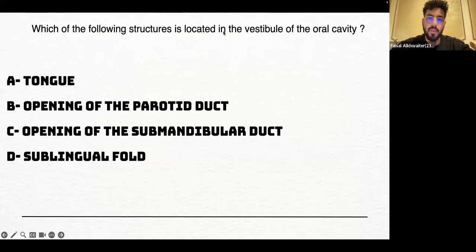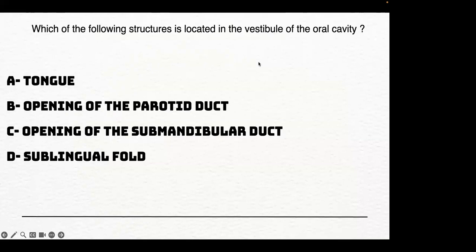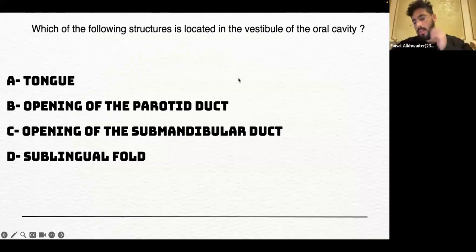Which of the following structures is located in the vestibule of the oral cavity? It's B. But I want to ask you guys a question. What is the difference between the vestibule and the mouth proper?